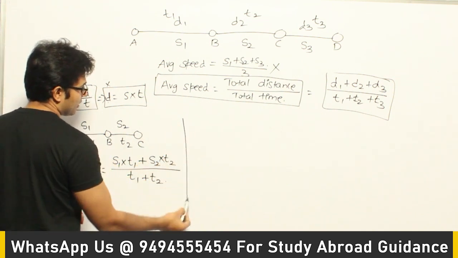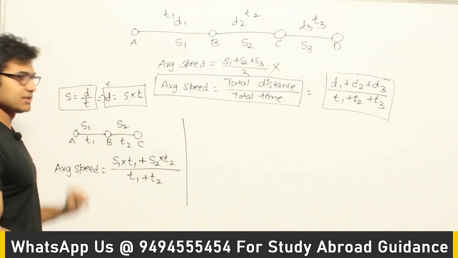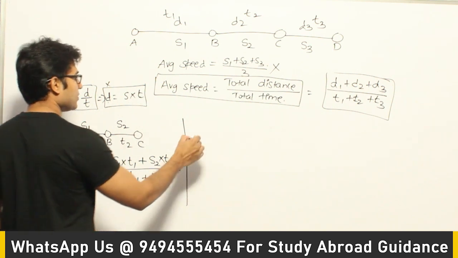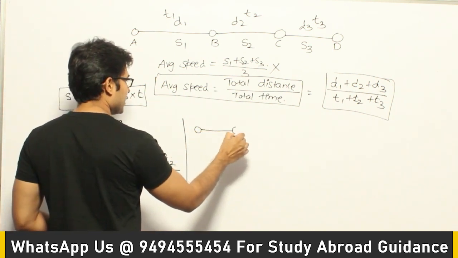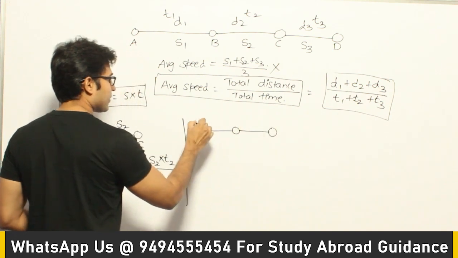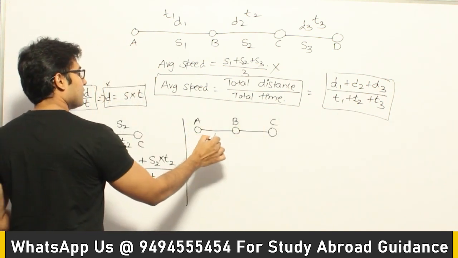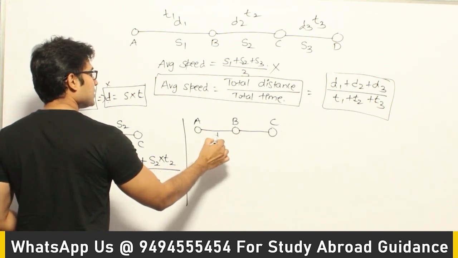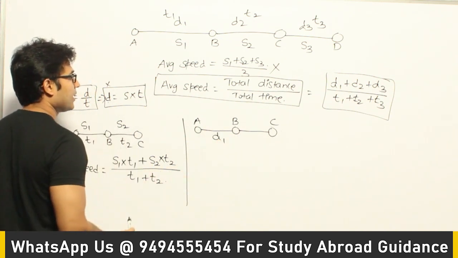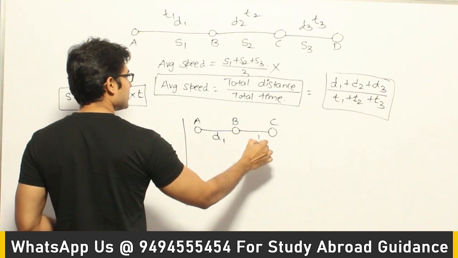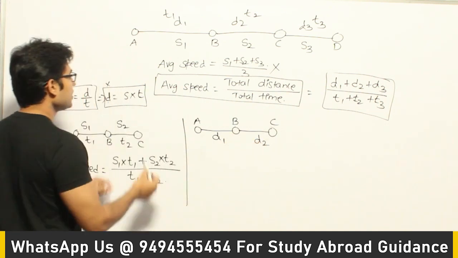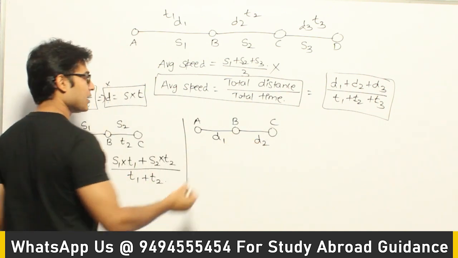Similarly, they might miss some other parameter. Let us say s is missing, okay? And assume that they are saying that a person has traveled from A to B and then from B to C, and they are saying that the distance between A and B is d1 and the distance between B and C is d2, and say speed is not given but times are given, then you can directly solve it, right?